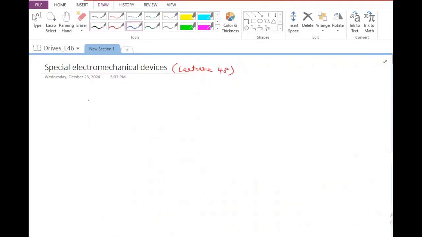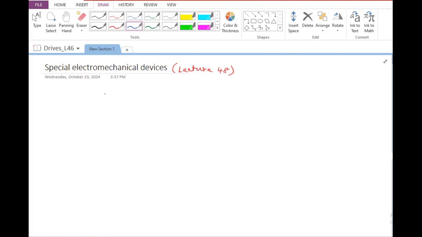Okay. Good evening. We are starting on special electromechanical devices or special motors. So, what is the major difference between a conventional electric motor and a special electromechanical device?